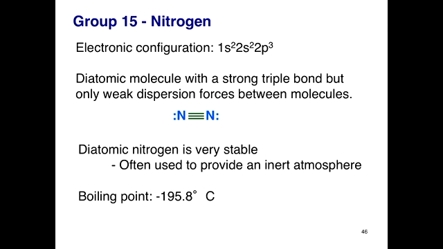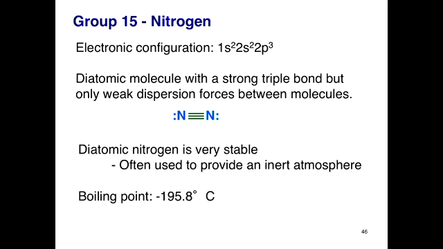So lots of nitrogen compounds will decompose to N2 because it is so stable. If I wanted to provide an inert atmosphere for a chemical reaction, I'd often use something like nitrogen. It's often also used as a cryogenic liquid because it has a very low boiling point.